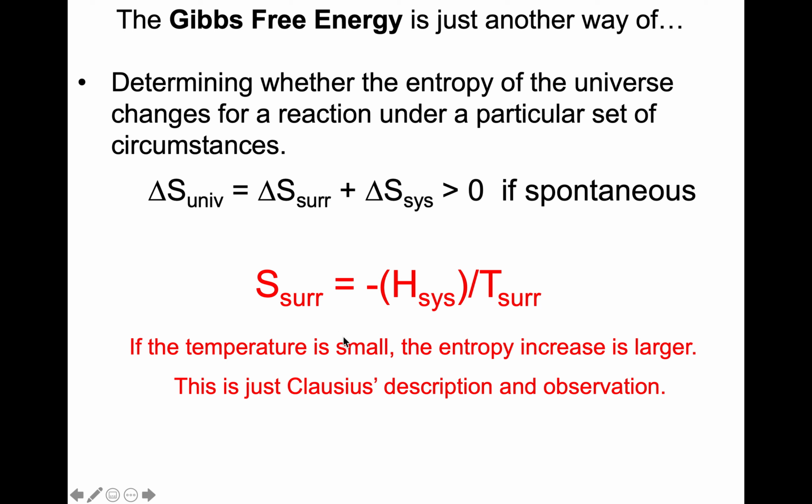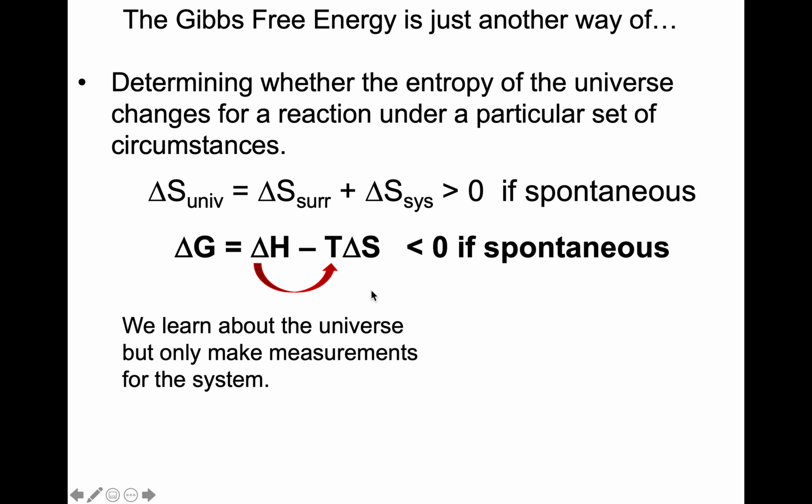And notice our expression here. If the temperature is small, the entropy increase is larger. This is just Clausius' description. Remember, he had heat being transferred over the temperature at which that took place. This is just the same thing that we have right here. When the temperature is small, for the same amount of heat, the entropy change will be larger. So when we have this expression right here, our Gibbs free energy one, it's not a fancy derivation. All it is doing is saying that we have an enthalpy change over a particular temperature for the system.